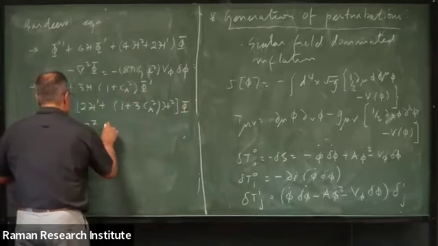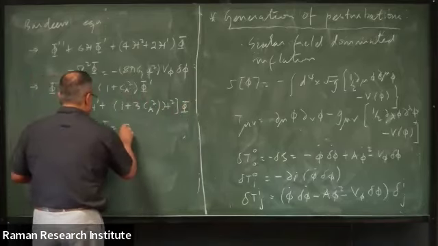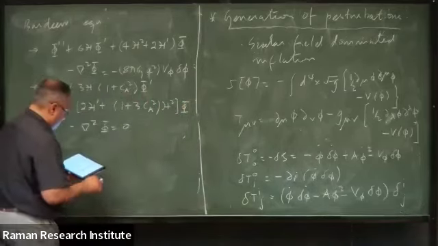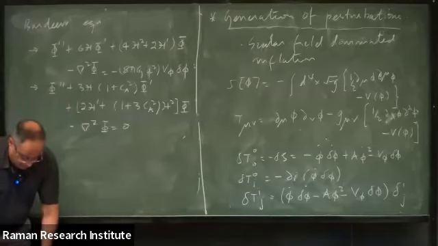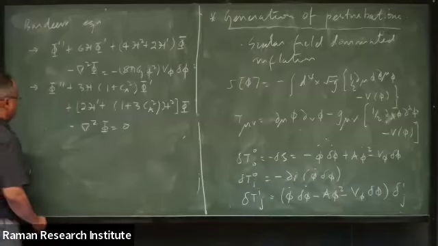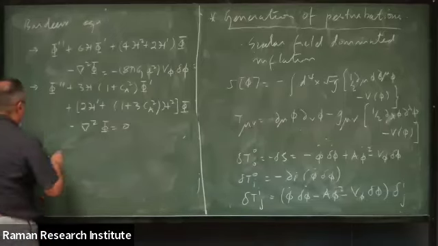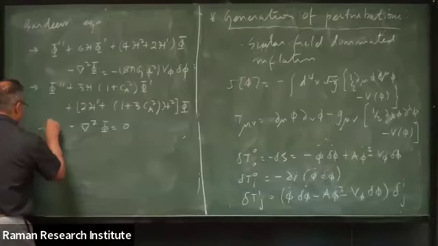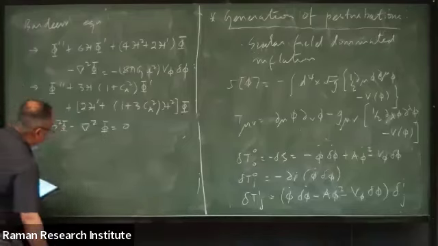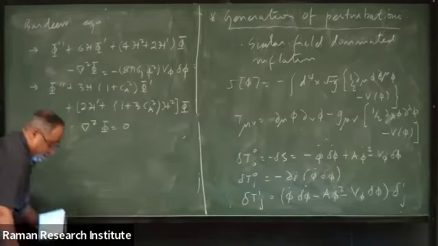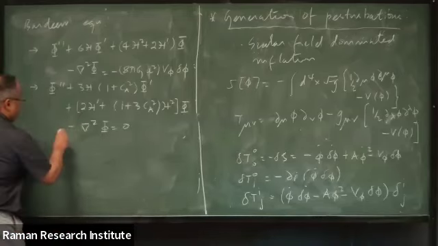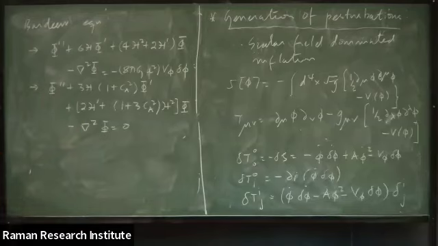Now what I'm going to do is write this as minus ca squared nabla squared phi. This is the equation.